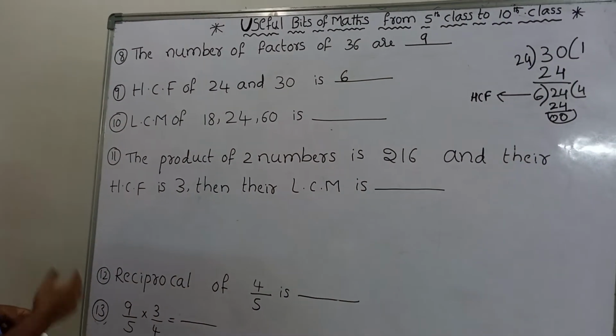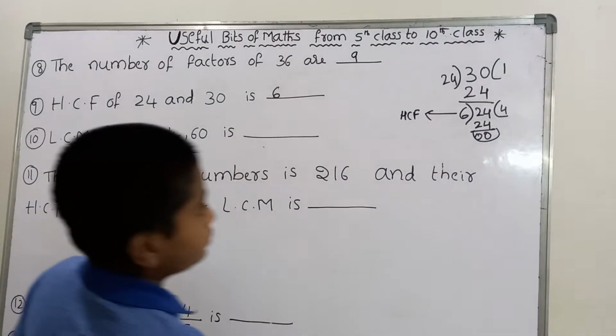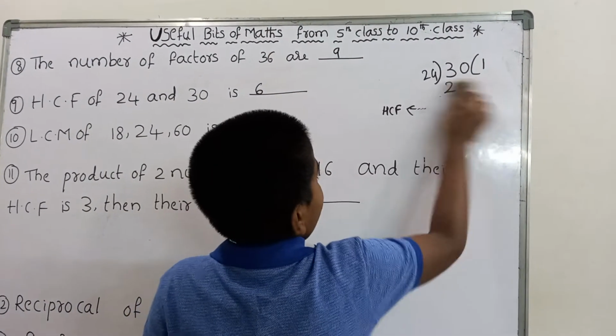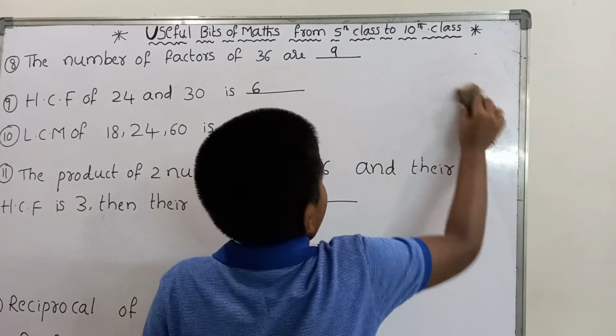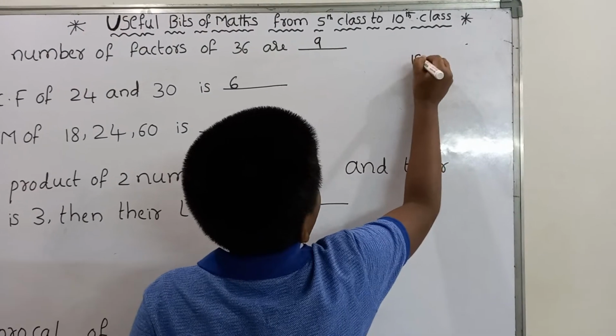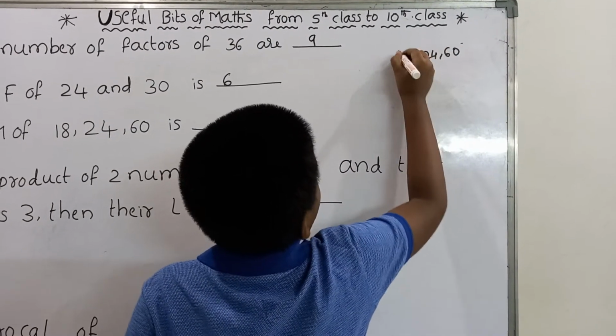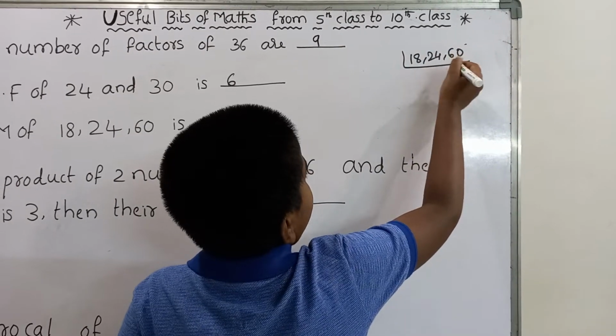And the next question is the LCM of 18, 24 and 60. Now let's find the LCM of 18, 24 and 60. Here these are divisible by 2.